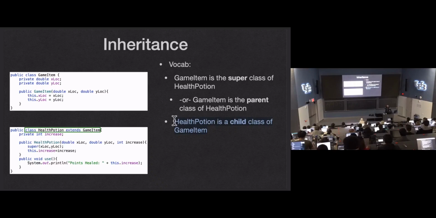But then in the other lecture, somebody's like, where's a subclass? HealthPotion, the other way around, we say HealthPotion is a child class of GameItem, or HealthPotion is a subclass of GameItem. So a little terminology, I'll usually stick with superclass and child class, but parent class and subclass are also referring to the same thing.